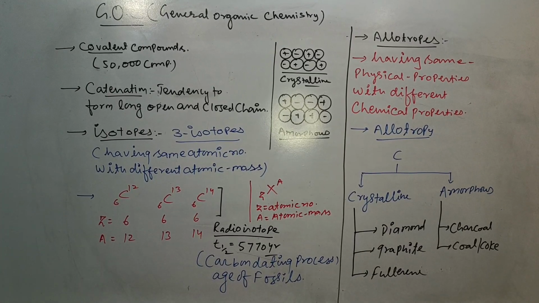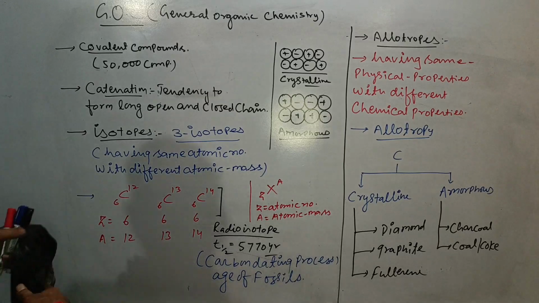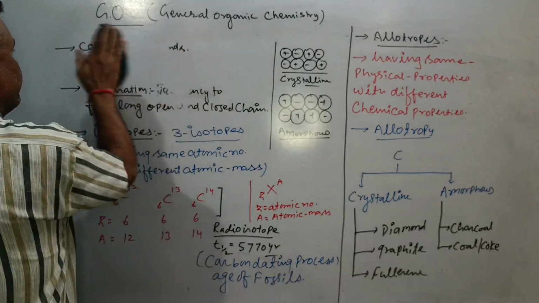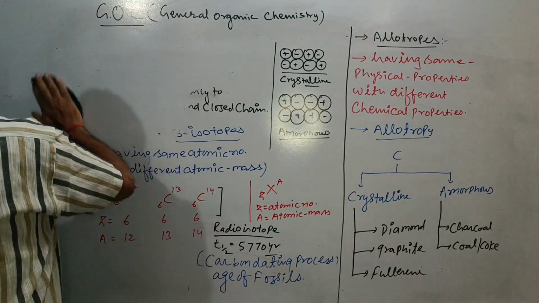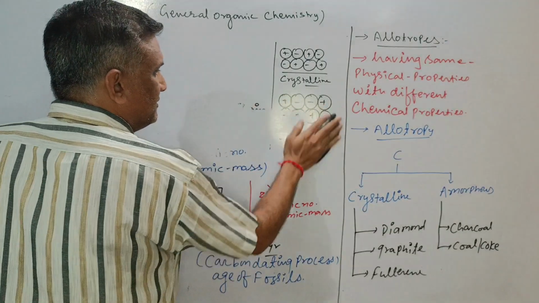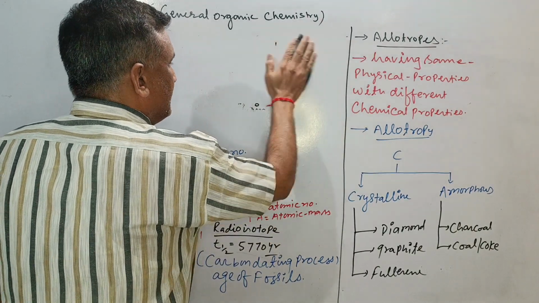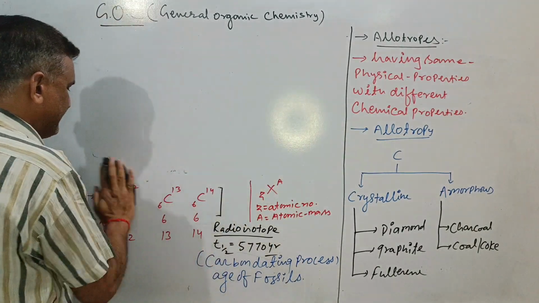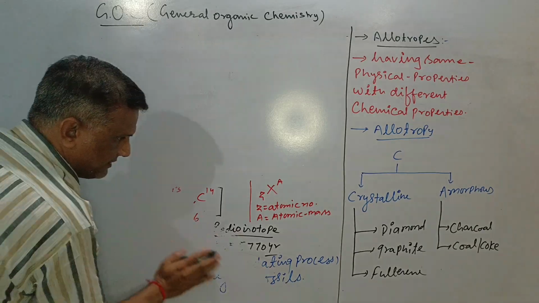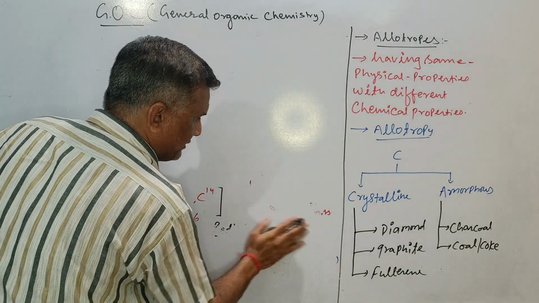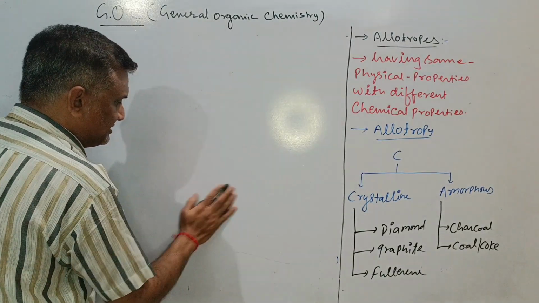So now we'll go further. After sharing the allotropes, we'll go with diamond, graphite, and fullerene. Diamond, graphite, and fullerene are too important.